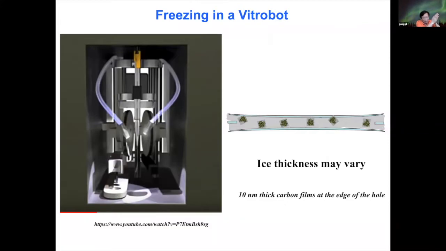It blots away most of the specimen and then freezes the remaining specimen to liquid ethane temperature within a couple of milliseconds. This is called flash freezing.